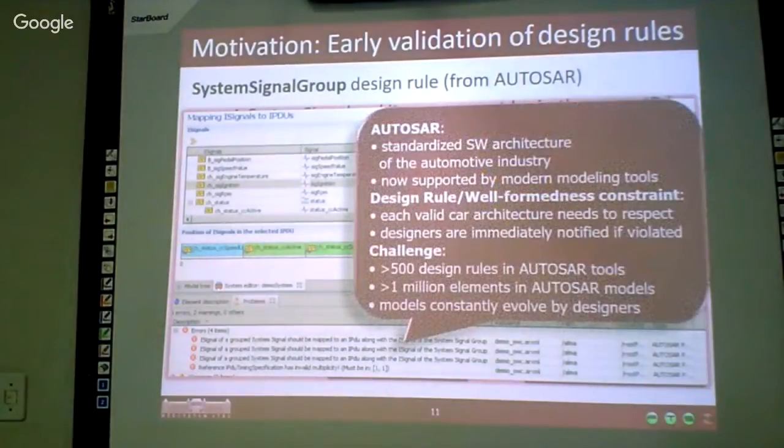The problem is that in AutoSAR, they have huge models, sometimes more than 1 million elements, and the models constantly evolve. And there are many design rules that you have to check. So you need some language and you need efficient algorithms to find these design rule violations.